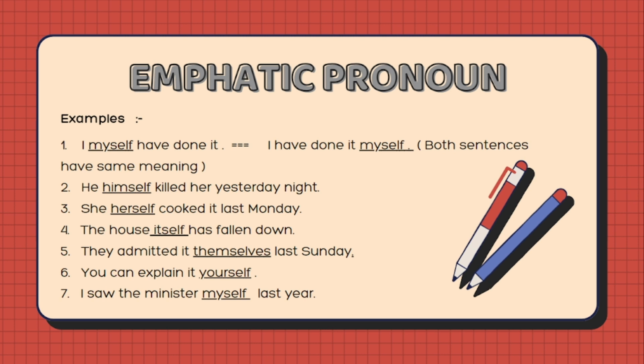Without changing the meaning, we can express it in another way also. That is, you yourself can explain it. Next, the last one, the seventh one: I saw the minister myself last year. Without changing the meaning of the sentence, we can express it in another way also. That is, I myself saw the minister last year.